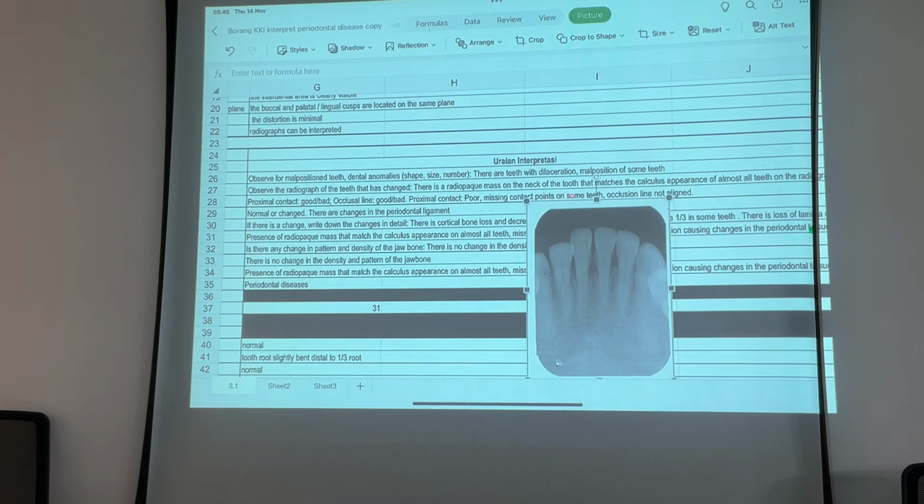Missing contact points on some teeth. And occlusal line, is it good or not? No. This is also not aligned. This is bad. So you can assume that this patient maybe has food retention or food impaction because the occlusal line is not really good.